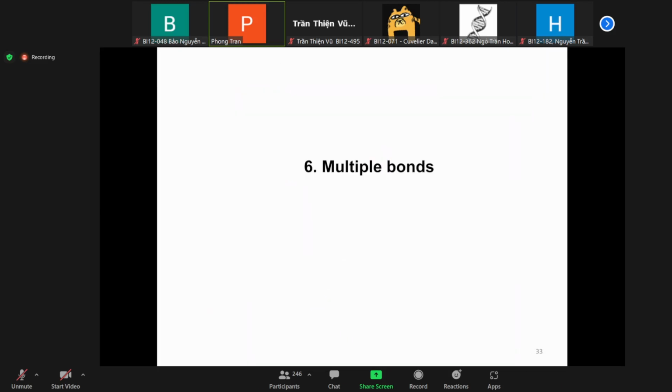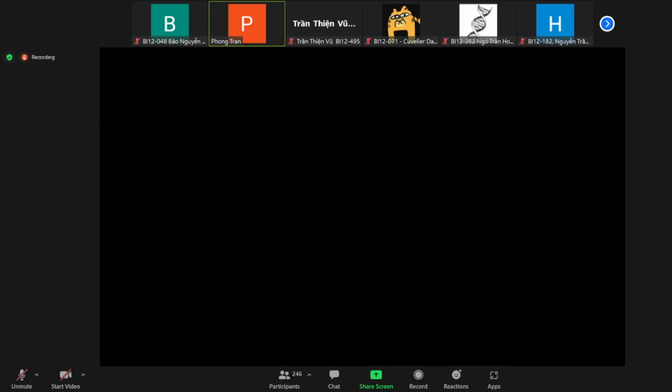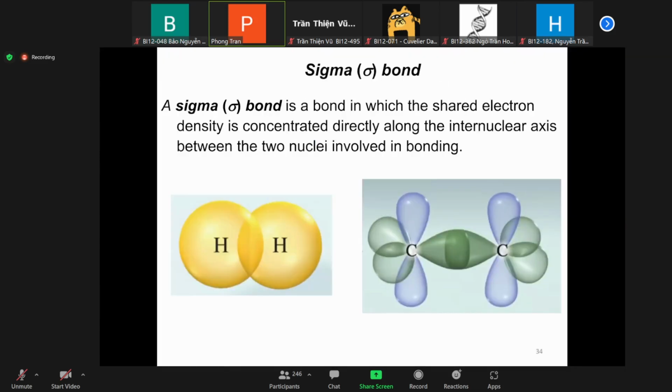Okay, that's what we talk about for the single bond. So we talk about the sigma bond. Now we move to the multiple bond. So a sigma bond is a bond in which the shared electron density is concentrated directly along the internuclear axis between the two nuclei involved in the bonding.